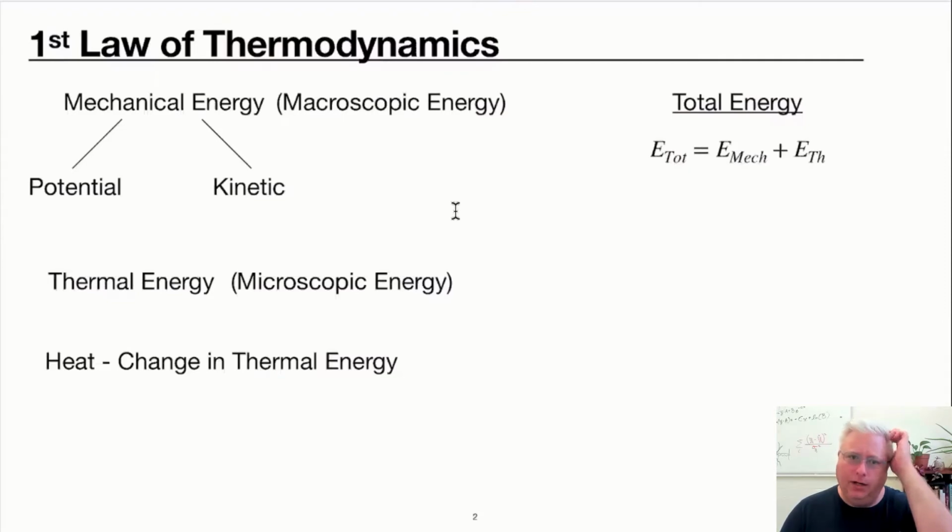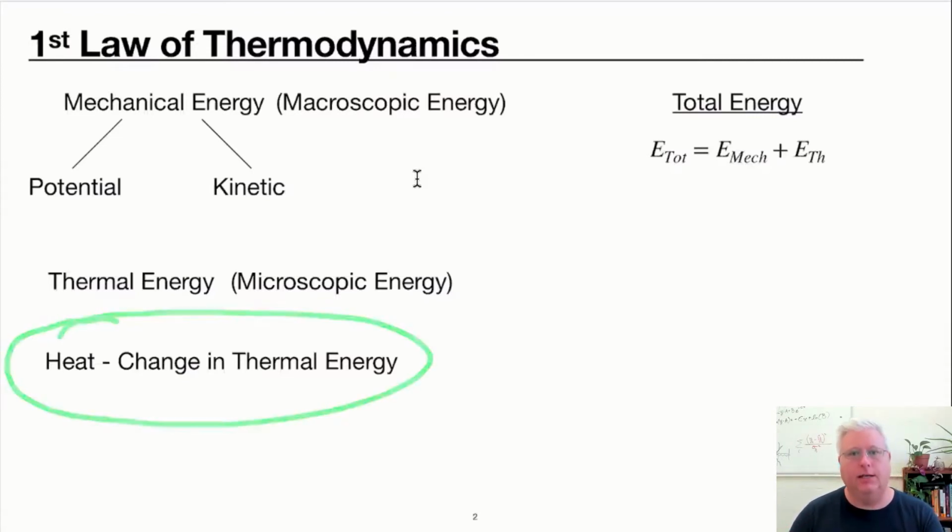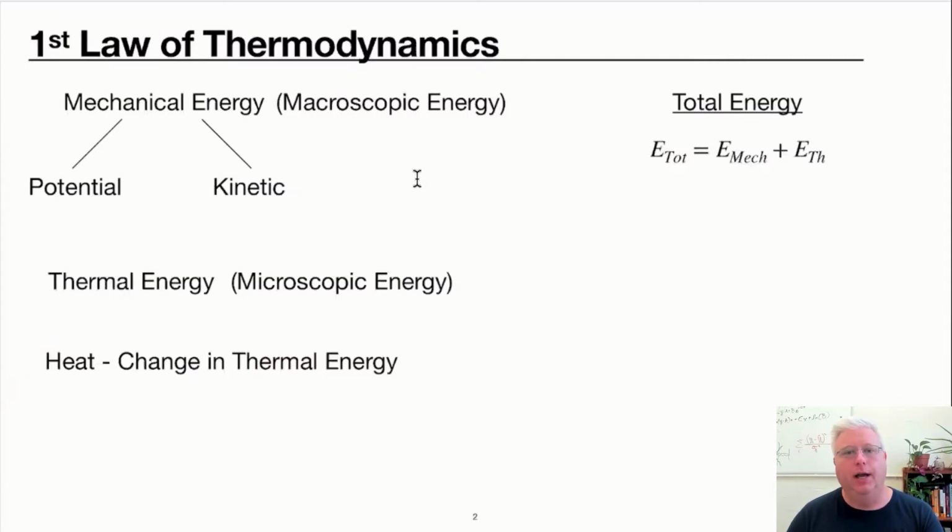When we have work that causes a thermal energy change, we call this heat. So heat is essentially a change in thermal energy, and we symbolize it with a capital Q.